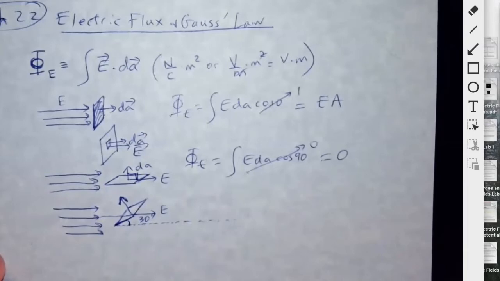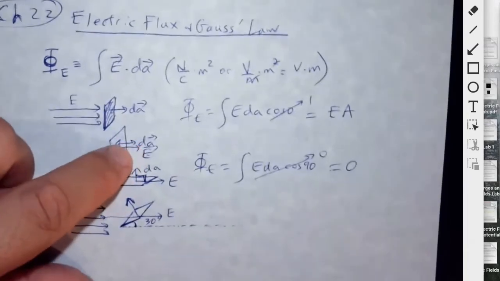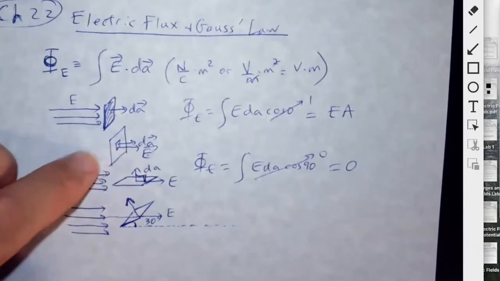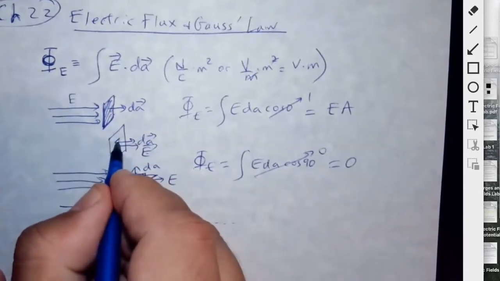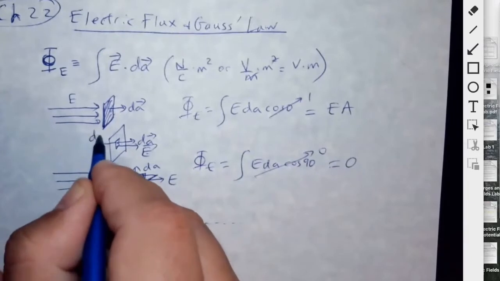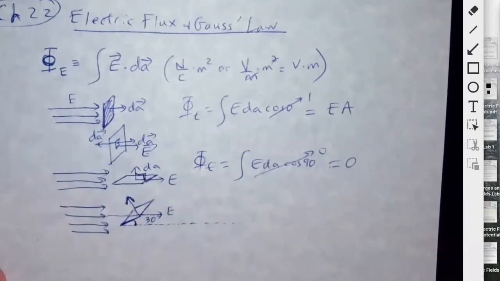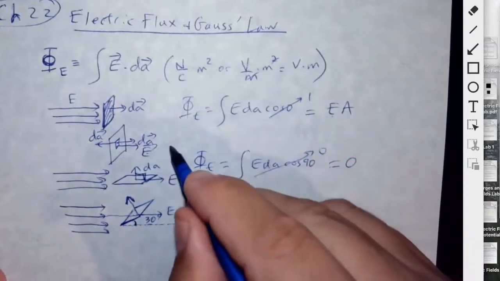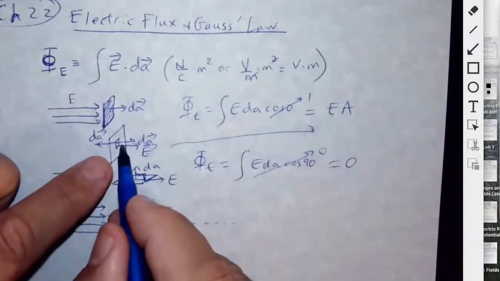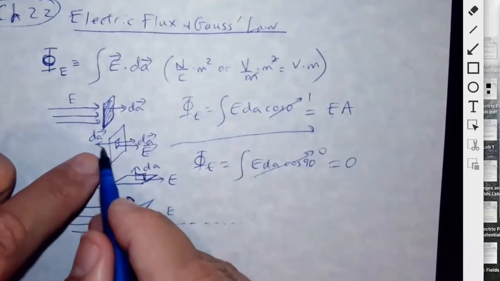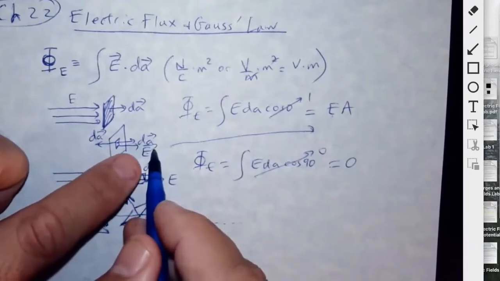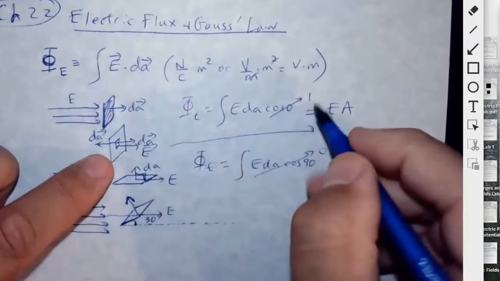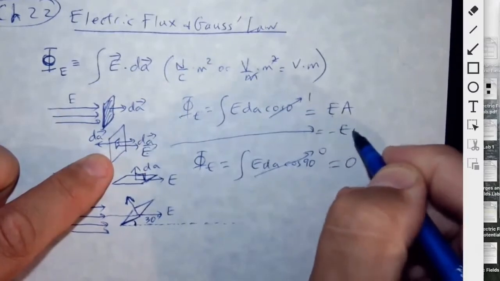Now, technically, you might ask, how do you know the dA vector is going this way or that way? Can't you say back here, the dA vector is going this way? In that case, what would the answer have been? If you had defined the dA vector this way and the electric field was this way, then the flux would have been negative EA.